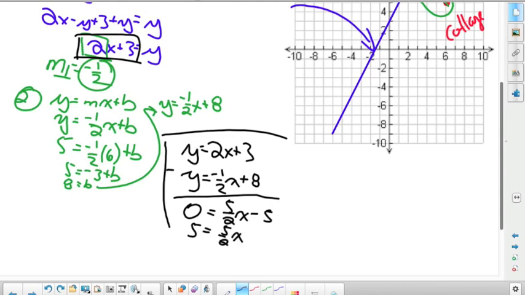Then I'm going to multiply by the reciprocal, 2/5. The reason I multiply by the reciprocal is because it eliminates the coefficient and just gives me x. And so here I see that x is equal to 2. So that's my x coordinate.